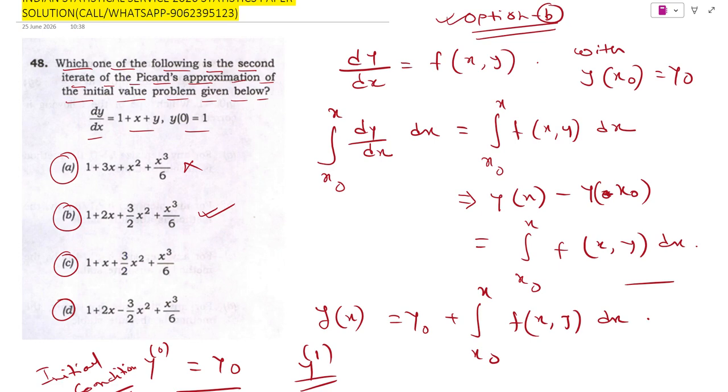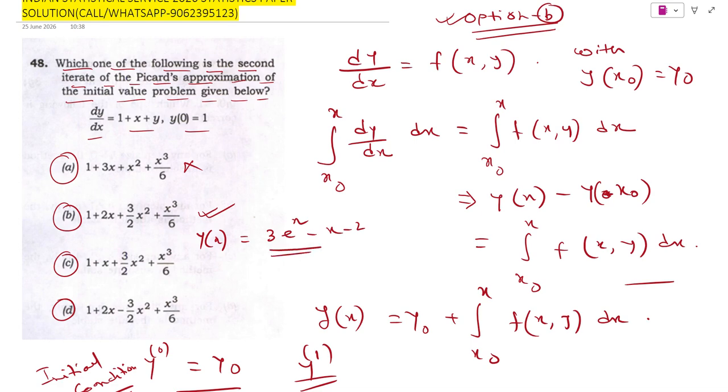To summarize what we have mastered today, Picard's method builds a sequence of Taylor-like algebraic polynomials that approximate a solution curve locally near the initial point. If we were to find the exact analytical solution using the standard linear differential equations method, like the integrating factor, the true solution would be y(x) = 3e^x − 2.